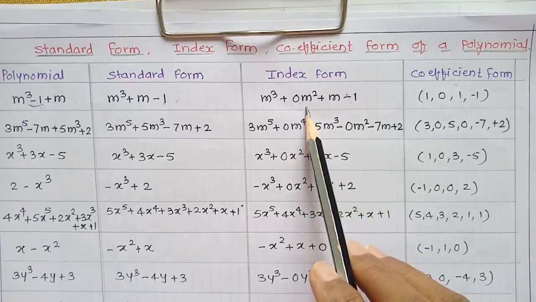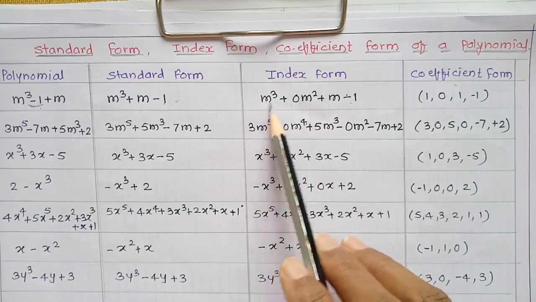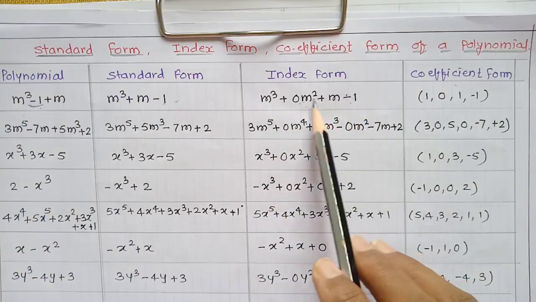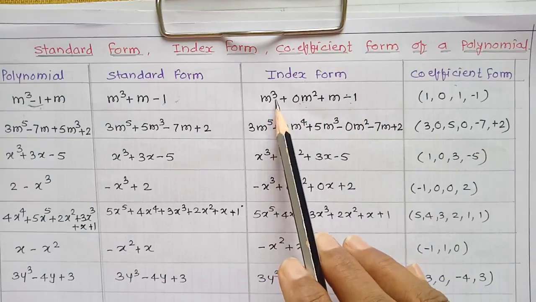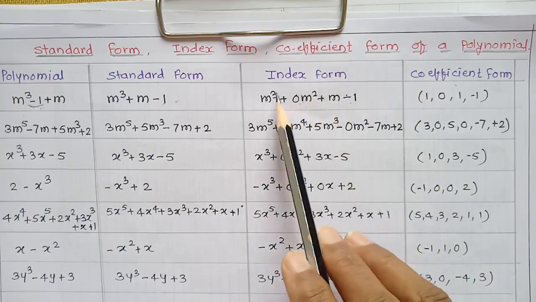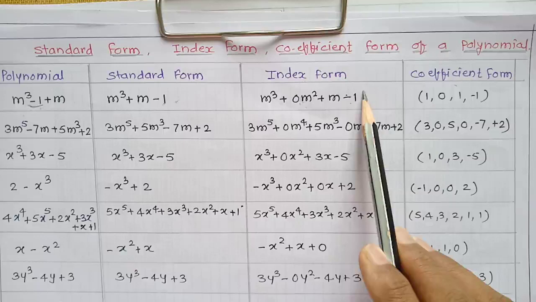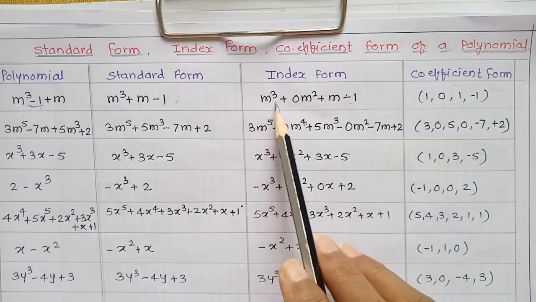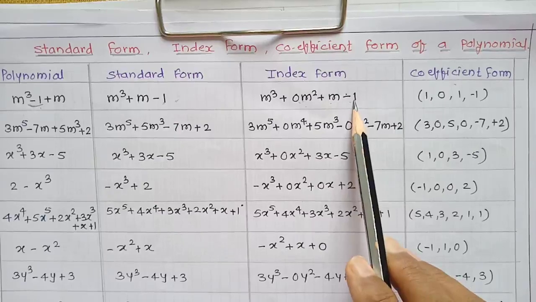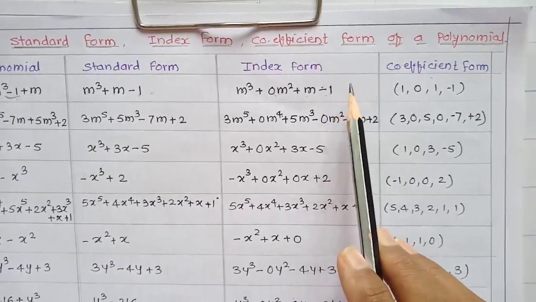Here 0m square means 0, so the value will not change. The polynomial will remain as it is. But here we get the exact descending order of the index of the variable: 3, 2, 1 and 0. So m cube plus 0m square plus m minus 1 is the index form of the given polynomial.